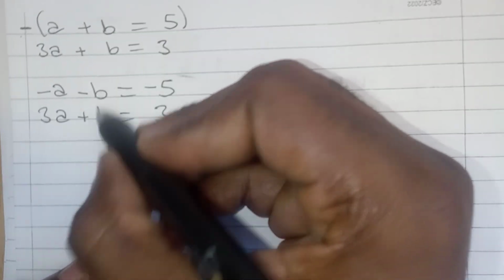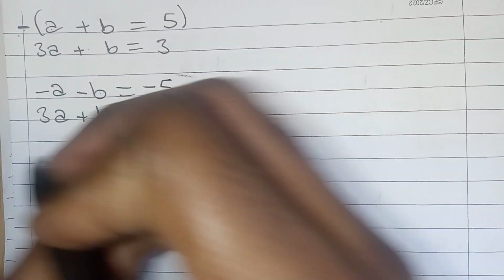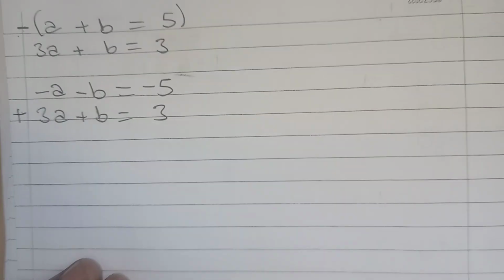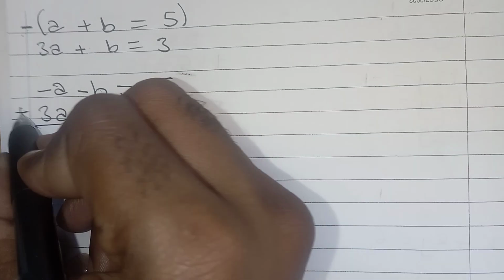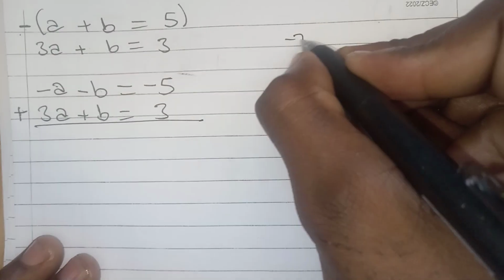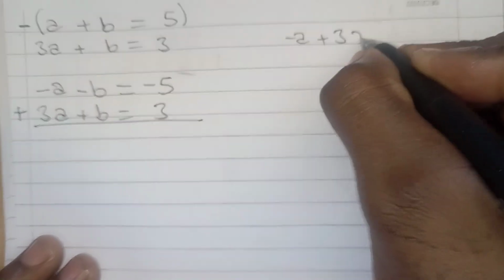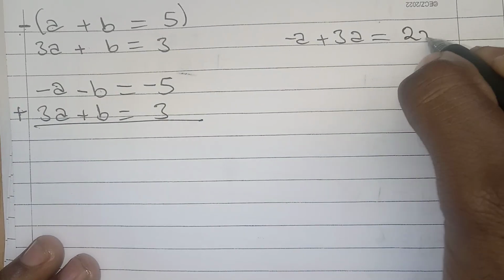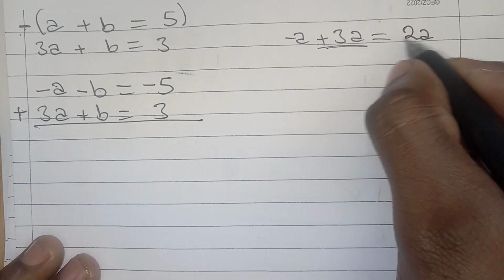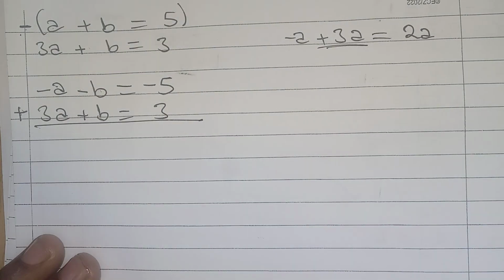So now to solve, since the coefficients are the same and the signs are different, we can add the two equations vertically. So we have negative a plus 3a. We have different signs here, so we subtract and get the sign from the bigger number. So this will be positive 2a.